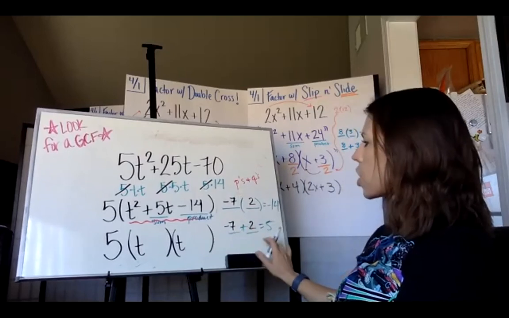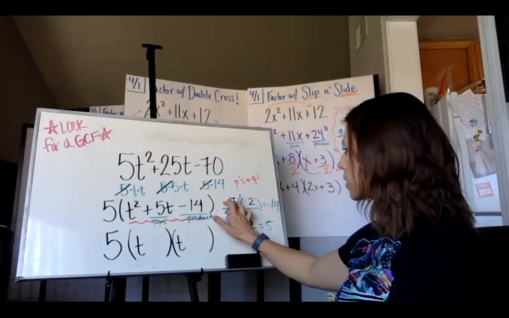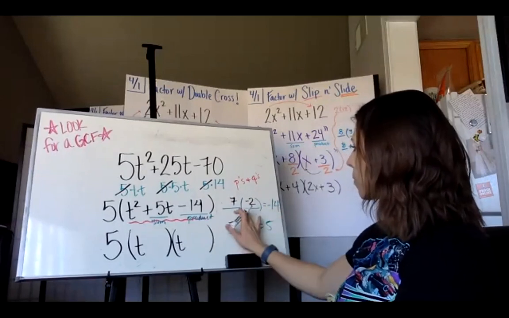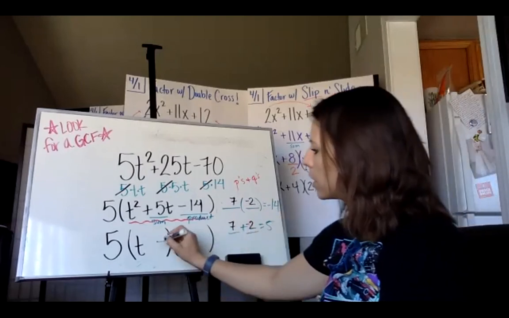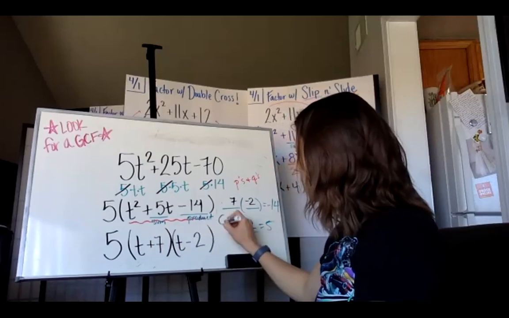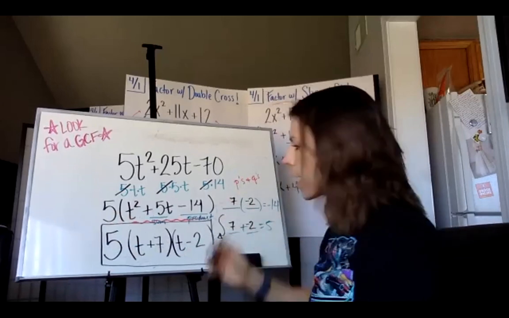Yes and no. Negative 7 plus 2 is negative 5, which is close. So let's try 7 and negative 2. Yep, that works. 7 times negative 2 is negative 14. 7 plus negative 2 is 5. So I'm going to put positive 7 here, negative 2 here, and this is fully factored.